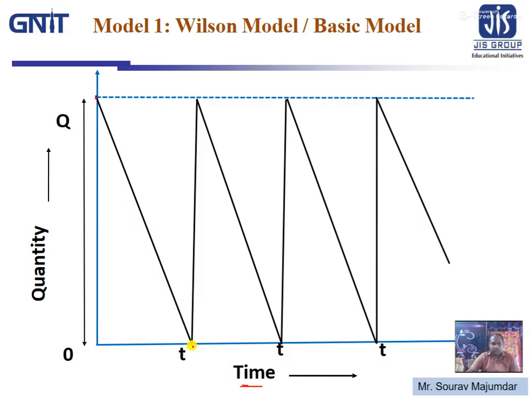It will come to 0. Again it will reach Q, again gradually go down to 0, and again it will get the same quantity. In that way it will carry on.